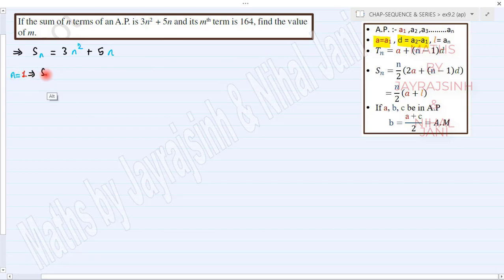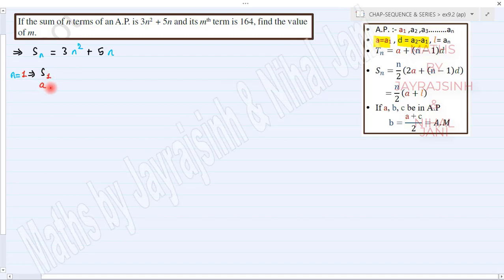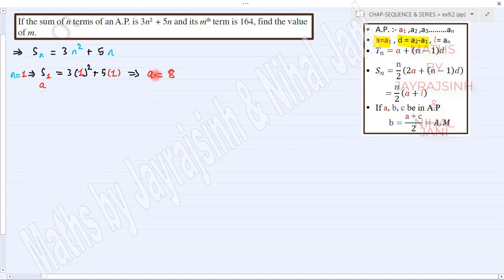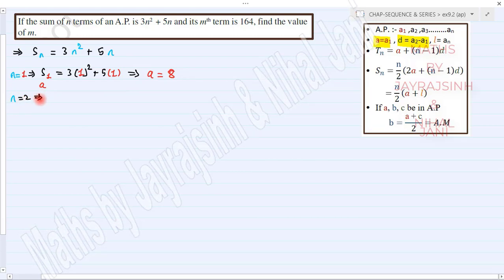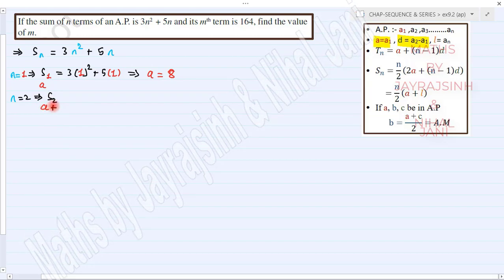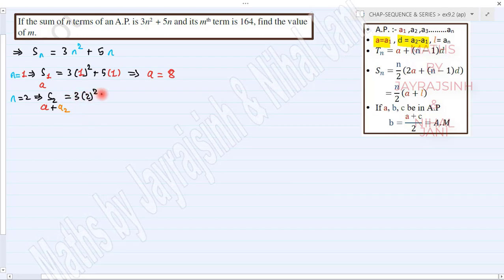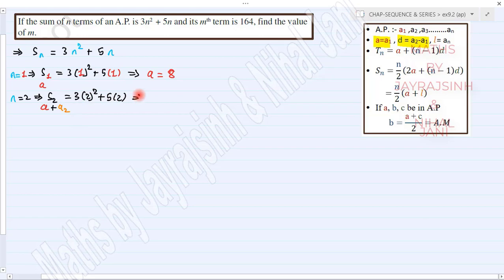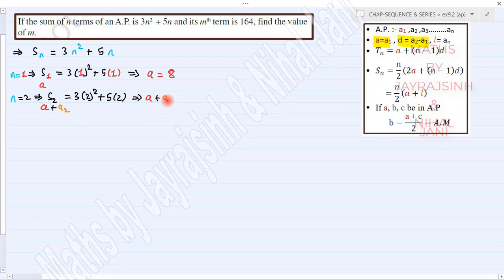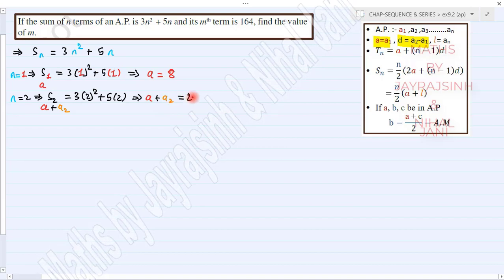You will get the summation of one term, or we can say your first term, is equal to 3 times 1 square plus 5 times 1, which gives us first term is equal to 8, and to get the common difference we need the second term. So we will get S2, or we can say the summation of first and second term, will give us 3 times 2 square plus 5 times 2, which gives A plus A2 is equal to 22.